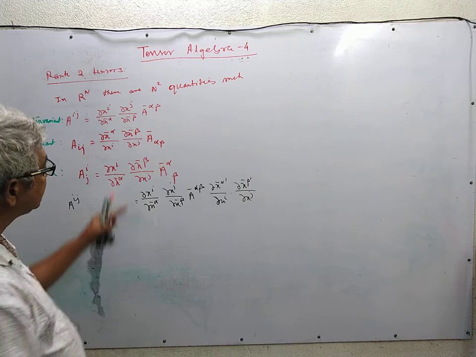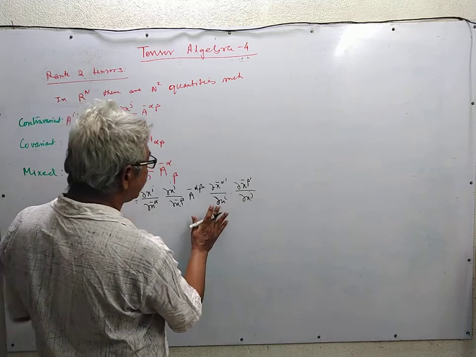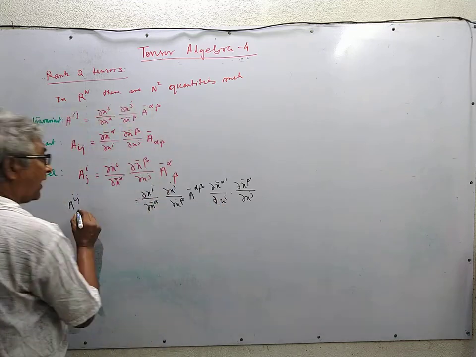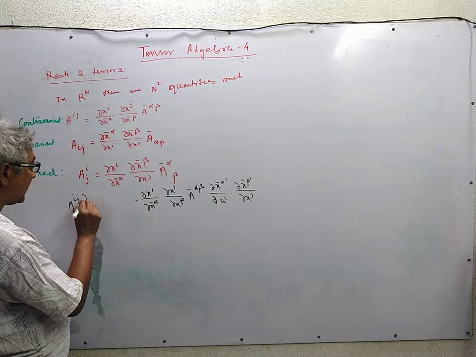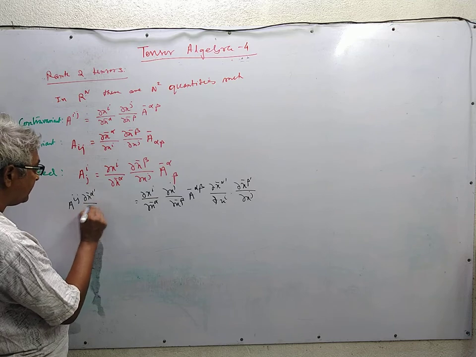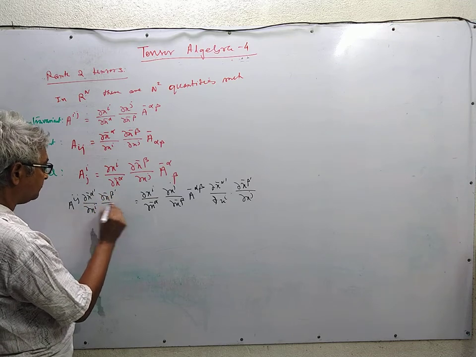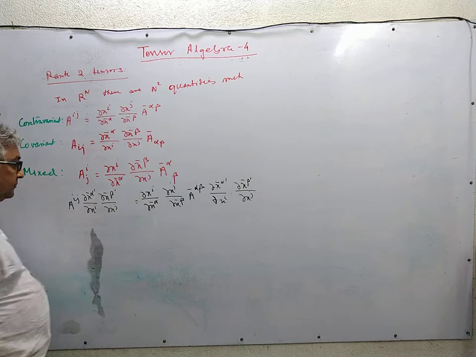And since the indices are repeated, the sum over i and j is implied. So we multiply this side by del x bar alpha prime, del xi, del x bar beta prime, del xj.